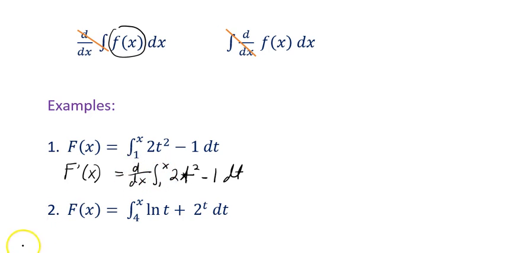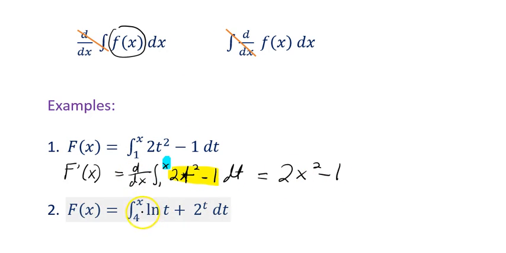But because we were plugging in x when we took the integral, now this would be 2x squared minus 1. So basically, again, just look at what's in here, and because of the x that we're plugging in, that's going to change to an x instead of a t.